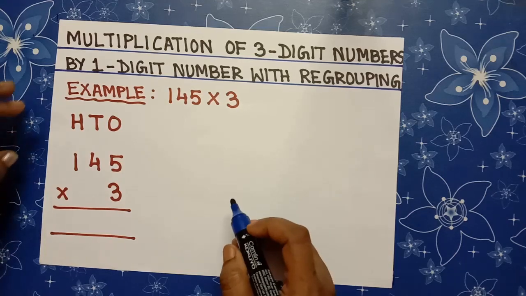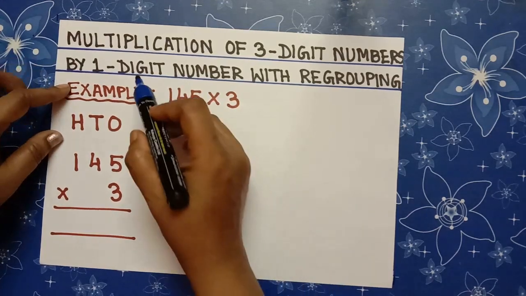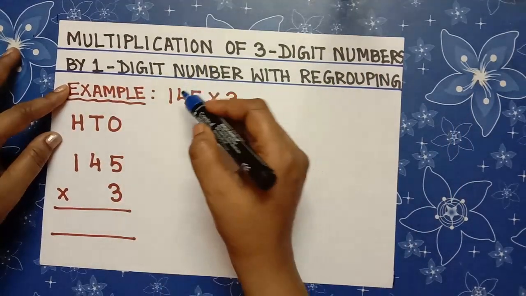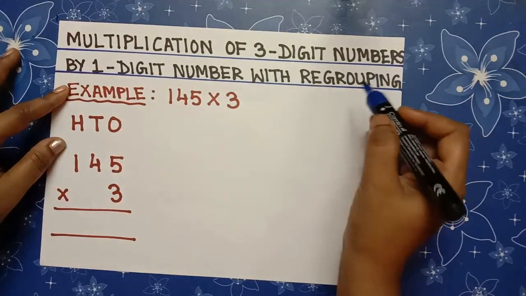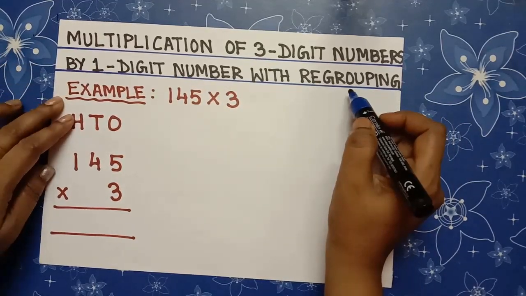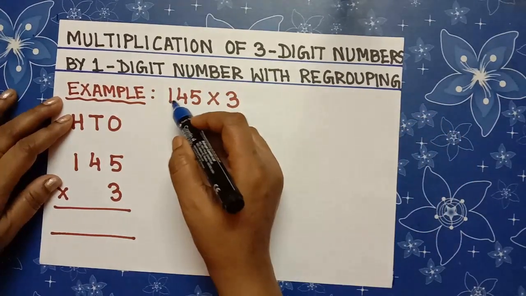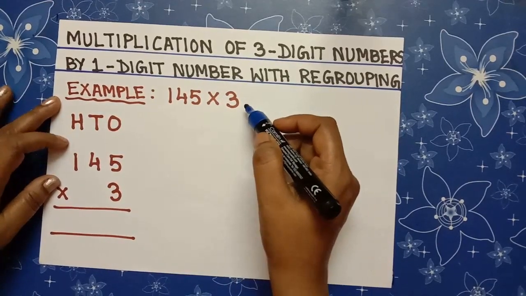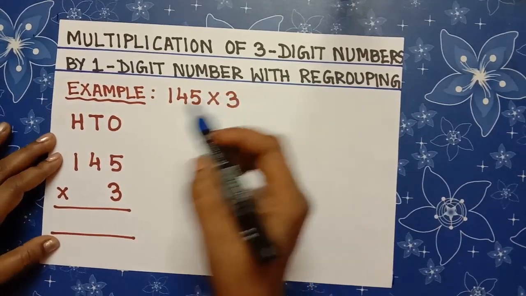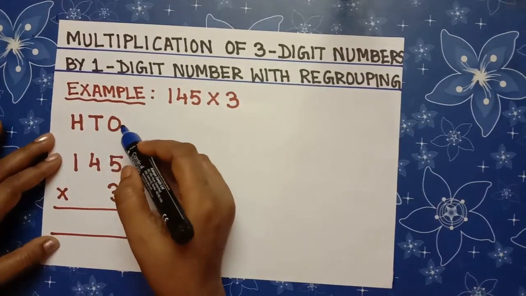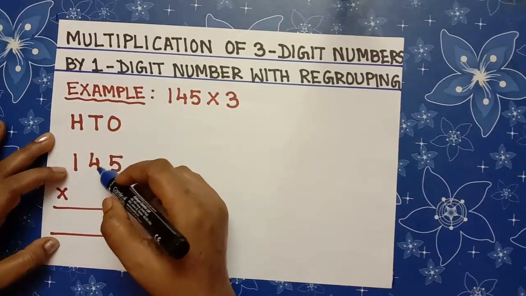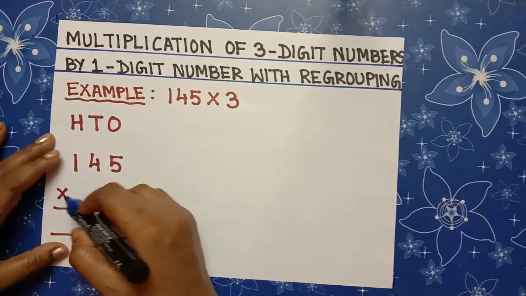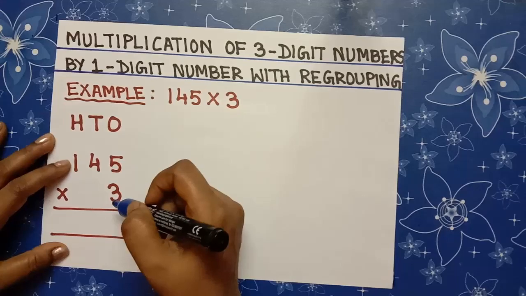Now let's do the next one. Multiplication of 3-digit numbers by a 1-digit number with regrouping. Let's multiply 145 by 3. Arrange the numbers in a column. Hundreds, tens and ones column. Write 145 multiplied by 3.